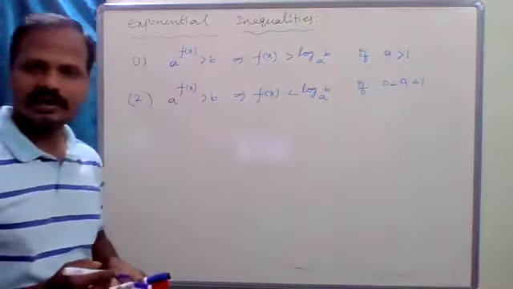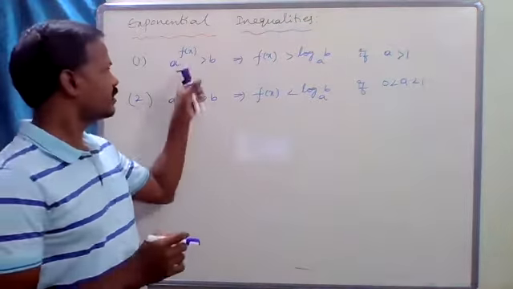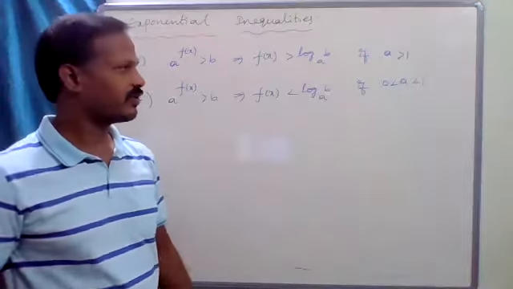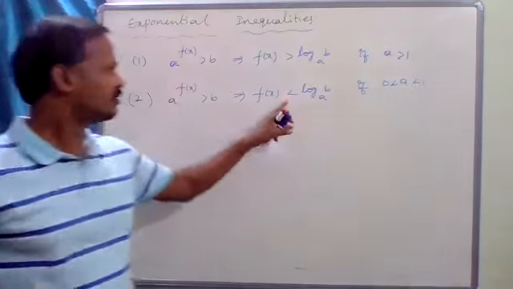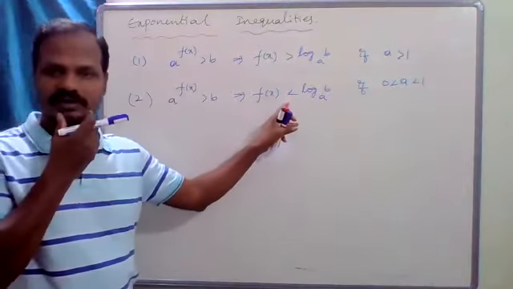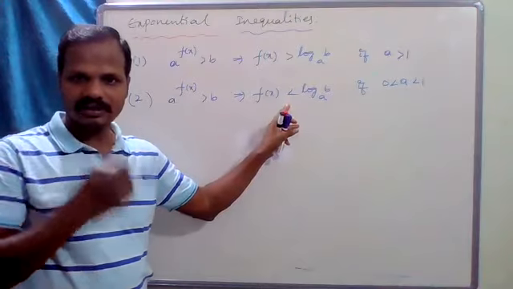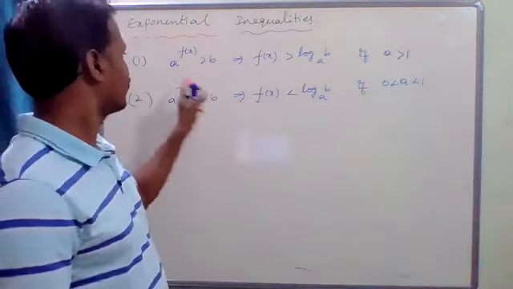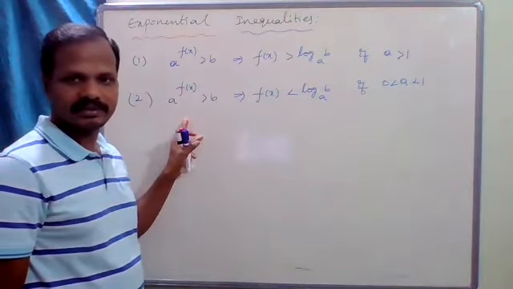If a is greater than 1, the same sign will follow. If a lies between 0 and 1, then the opposite sign will come. Is it clear? So these are the exponential inequalities.